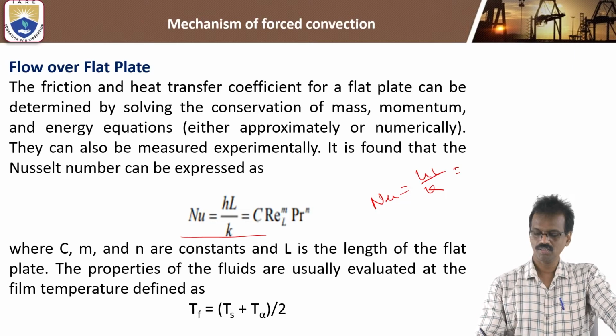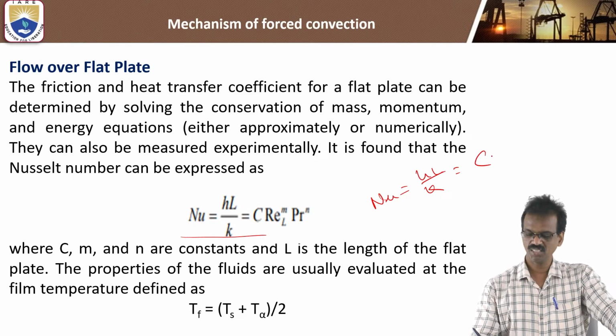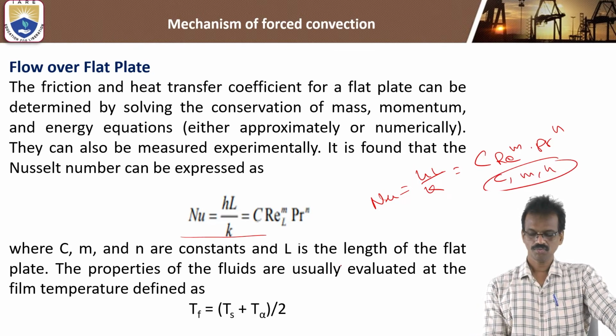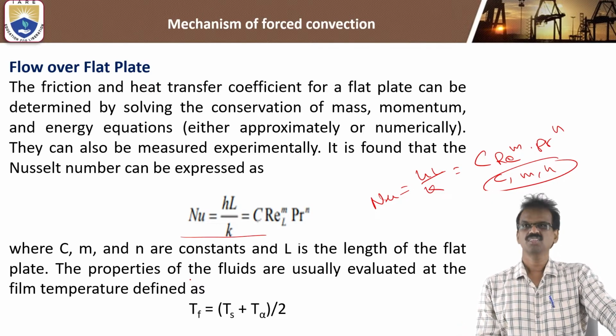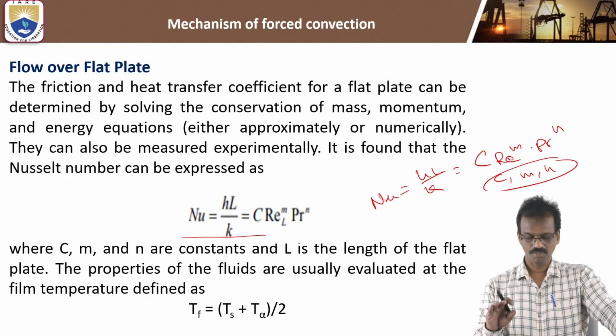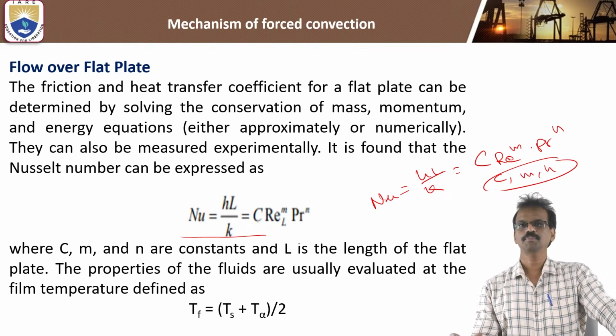This is nothing but capital C into Reynolds number to the power of m into Prandtl number to the power of n. This C, m, n are constants, and they depend upon the type of flow or the type of solid medium.